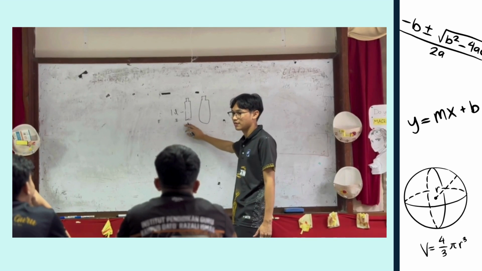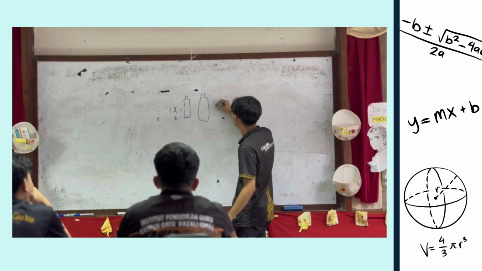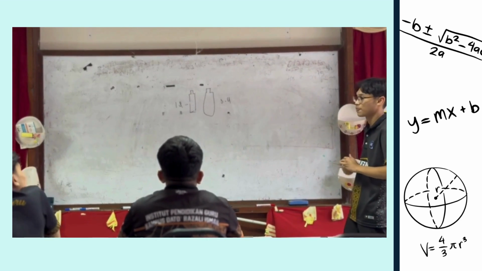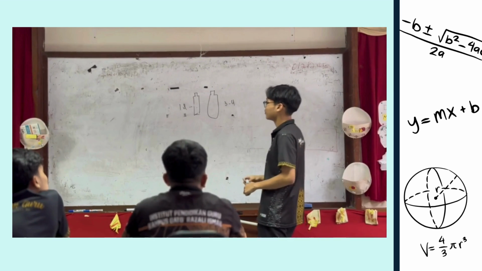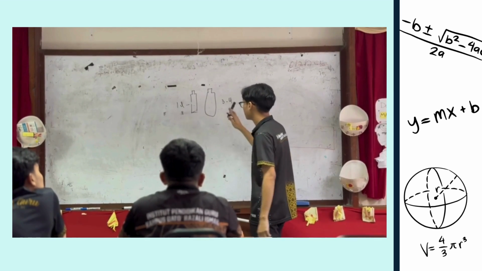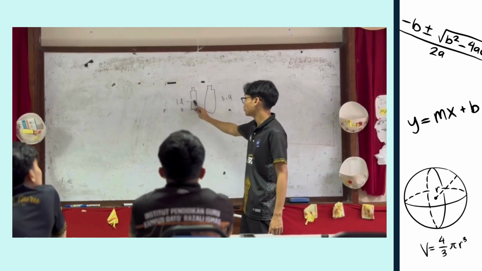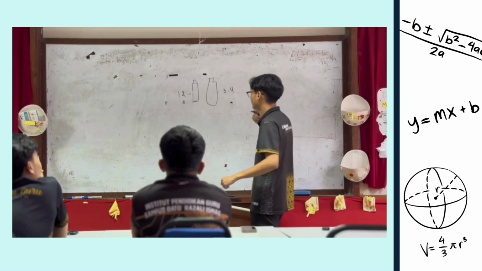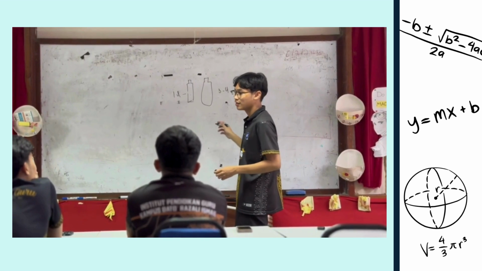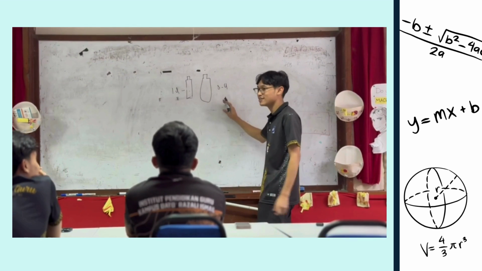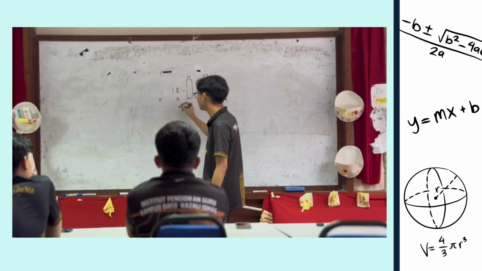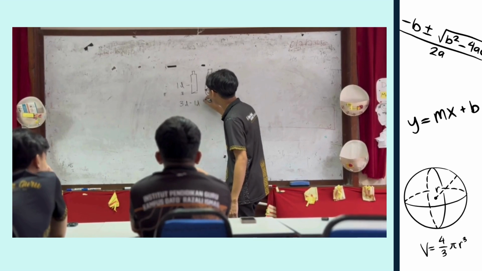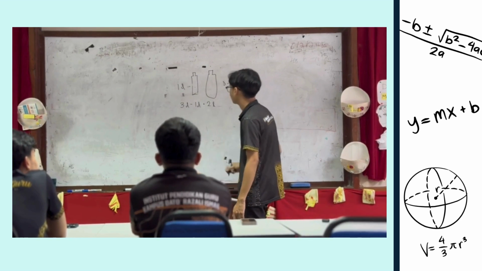How much is the difference between this water and this water? 2 liter, because 3 minus 1 is equal to 2. 3 liter minus 1 liter equals 2 liter.